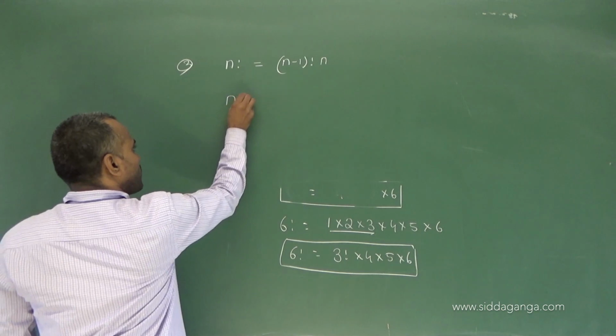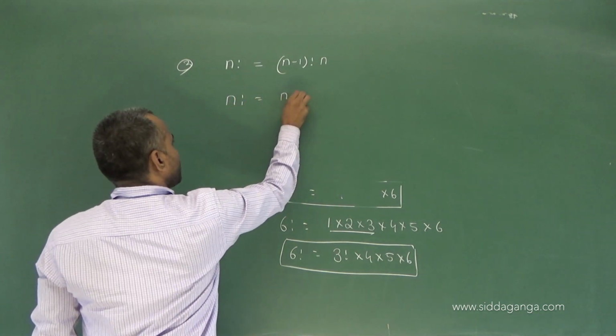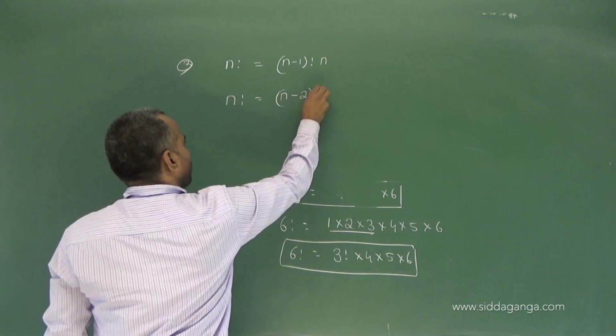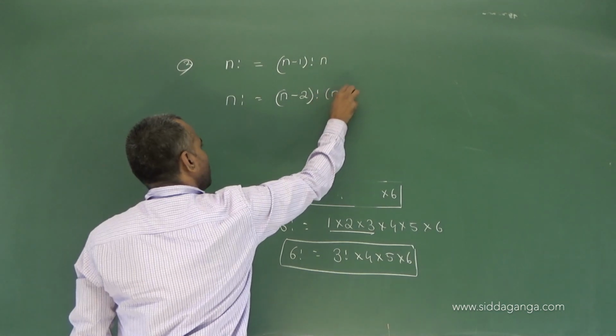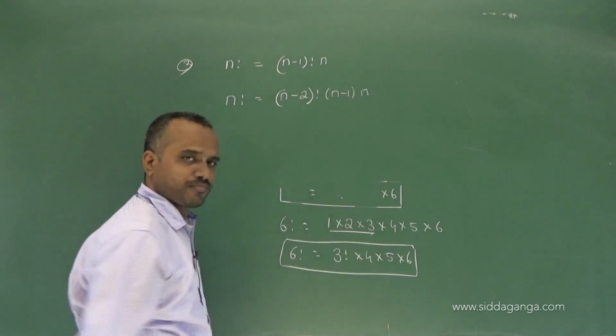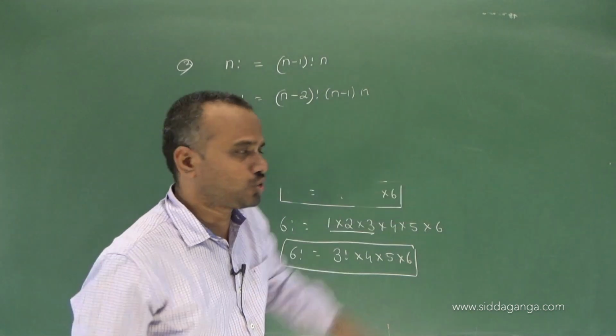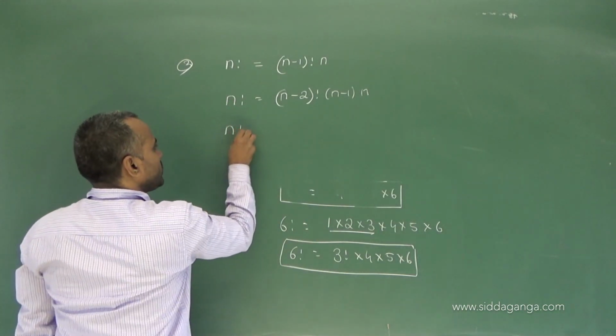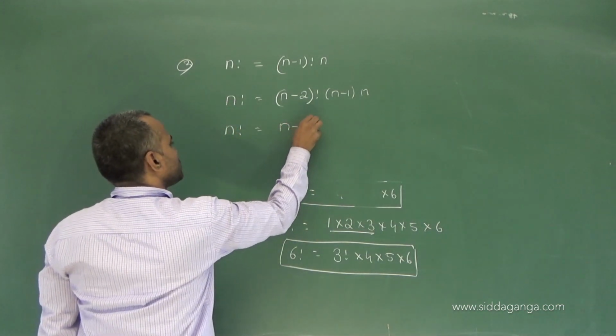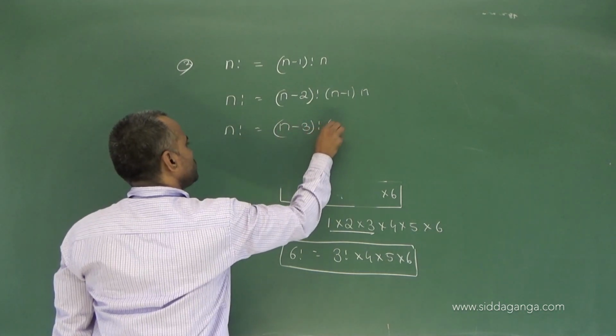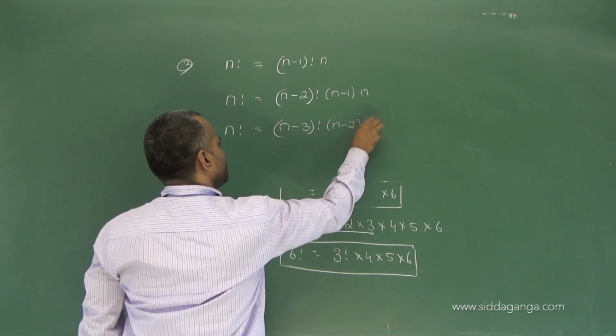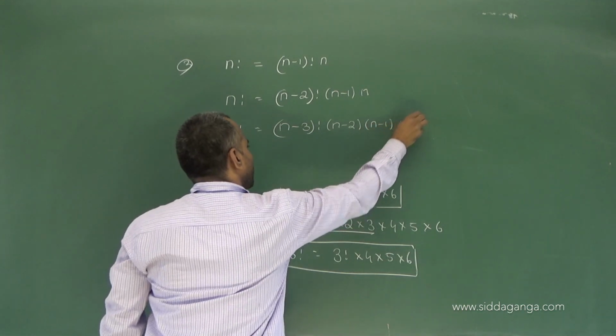So n factorial can also be written as n minus 2 factorial into n minus 1 into n, where n is greater than 2. n factorial can also be written as n minus 3 factorial into n minus 2 into n minus 1 into n.